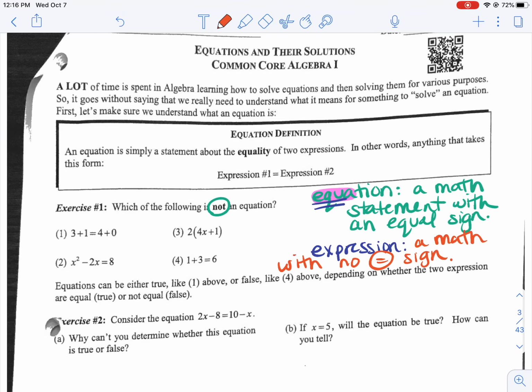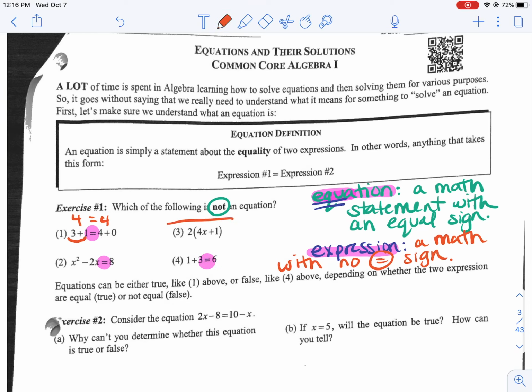Even if an equation is true or false, it doesn't have to be. Like if we look here, 3 plus 1 is 4, 4 plus 4 is 4. That's a true statement, but all we care about is that we have an equal sign. I see an equal sign here, here, number 3, and here.